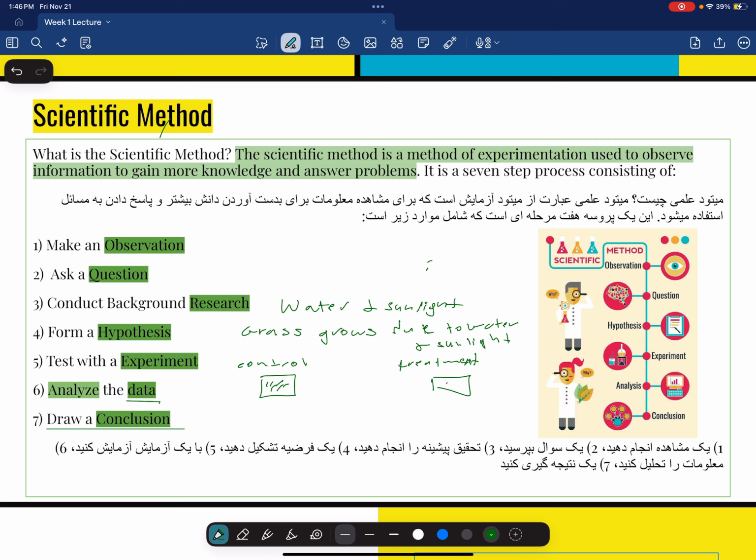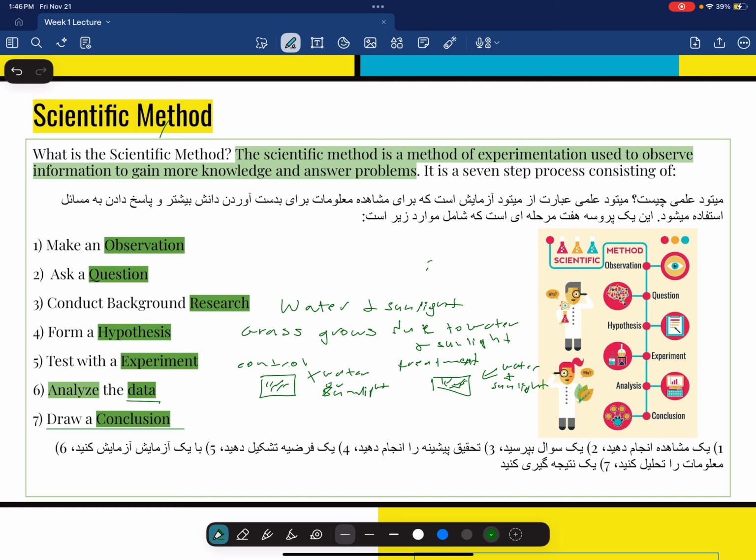In the treatment group, we have grass. In the control group, we're not going to give the grass water or sunlight. But in the treatment group, we're going to give it plenty of water and sunlight. And we're going to see which causes grass to grow.